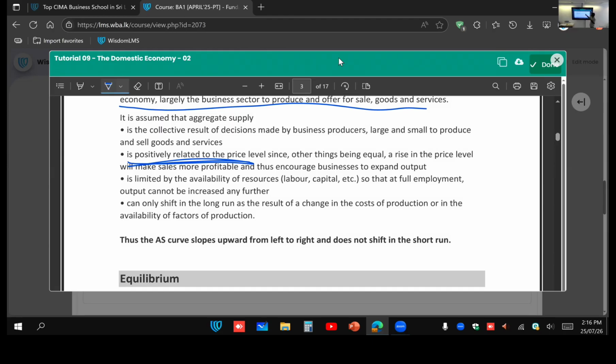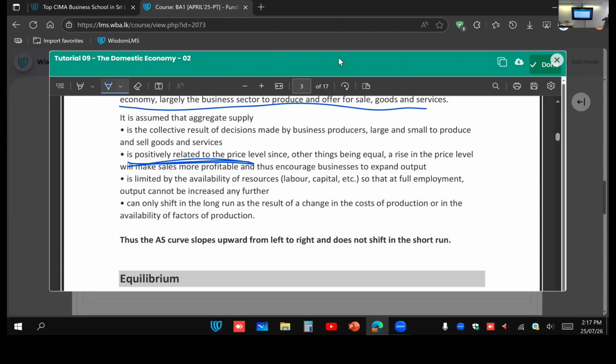It is profitable and thus encourages businesses to expand output. But they cannot expand output as much as they need because it is limited by the availability of resources, factors of production, so that at full employment, output cannot be increased any further. Imagine if full employment is reached at national level, everybody is employed, unemployment is zero. Even if that level comes, you can't increase supply anymore. Why? You don't have resources.